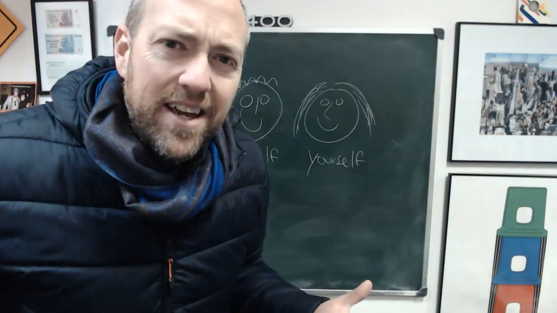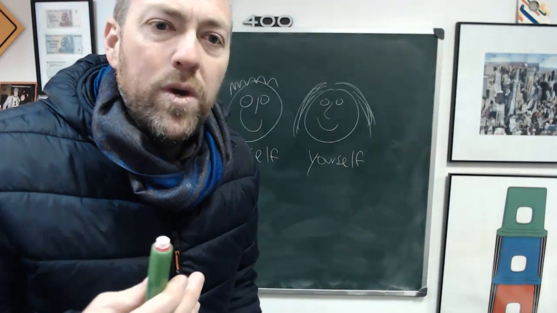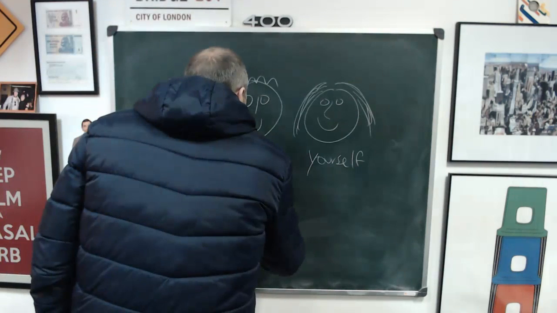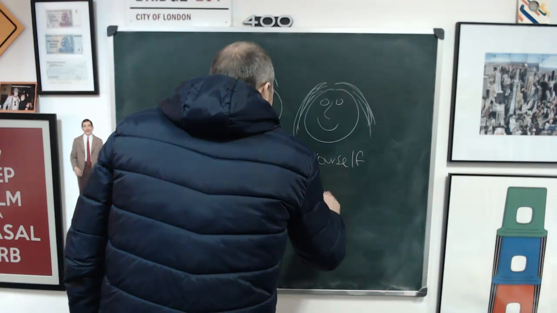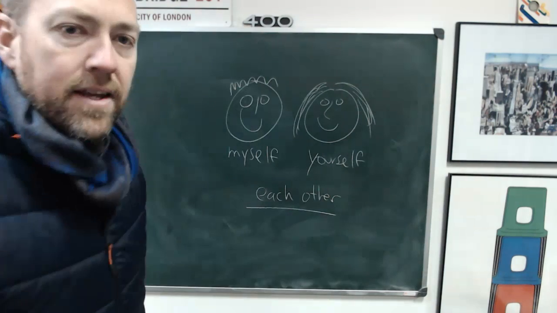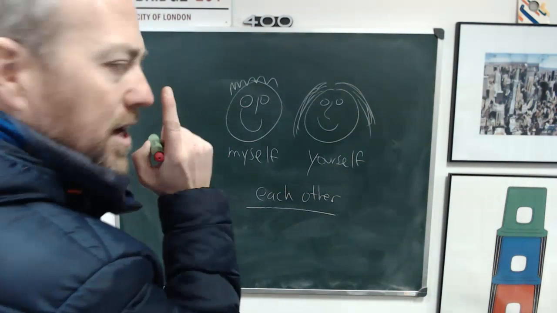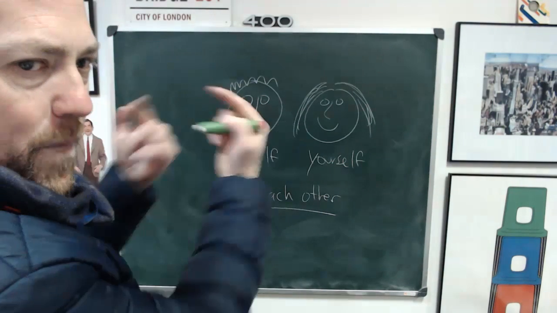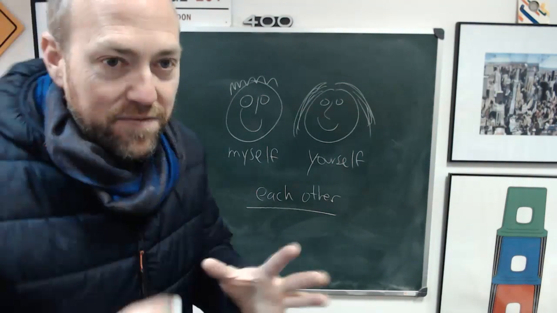Then what do we say? Well, we could say, we look at each other. Each other. I'm looking at you, and you're looking at me. We have each other, which is different.